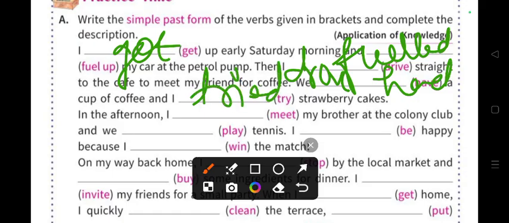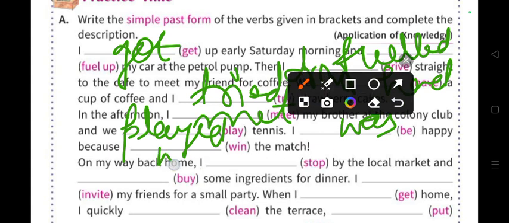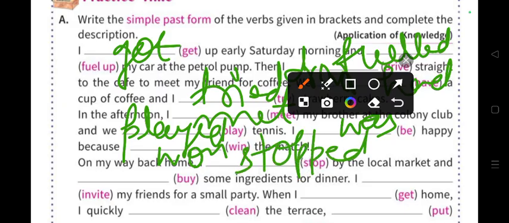I tried strawberry cakes. In the afternoon I met my brother at the colony club and we played tennis. I was happy because I won the match. Okay. On my way back home I stopped by the local market and bought some ingredients for dinner.